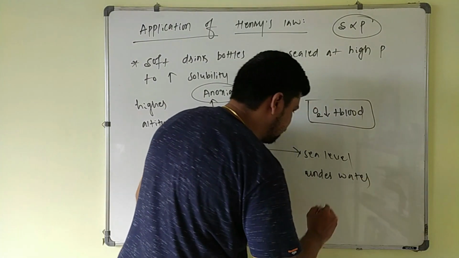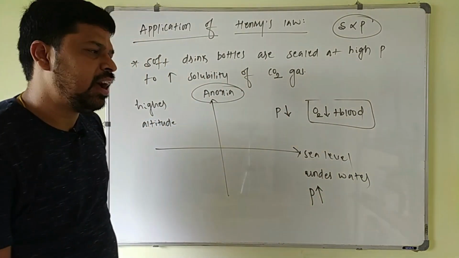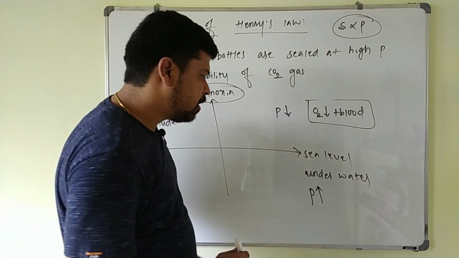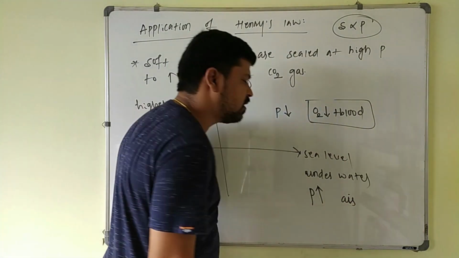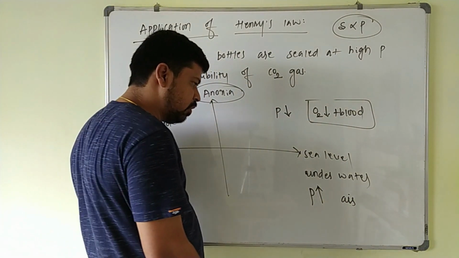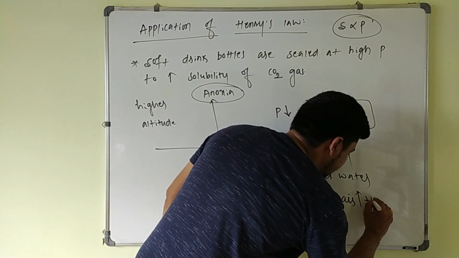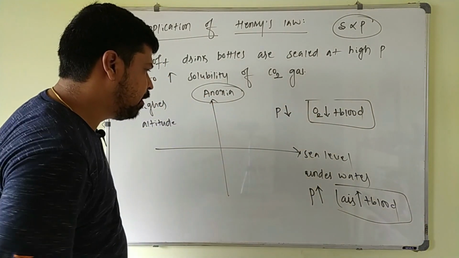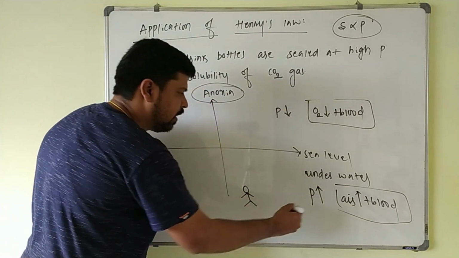Next, if you go below the sea level, under the water, the partial pressure of the atmospheric gases is very high. So the partial pressure of the atmospheric gases increases. At high pressure, more gases dissolve. Air is a mixture of oxygen, nitrogen, CO2 and other gases, so more air is dissolved in the blood. Scuba divers, when they go deep into the water, have to breathe air at very high pressure.